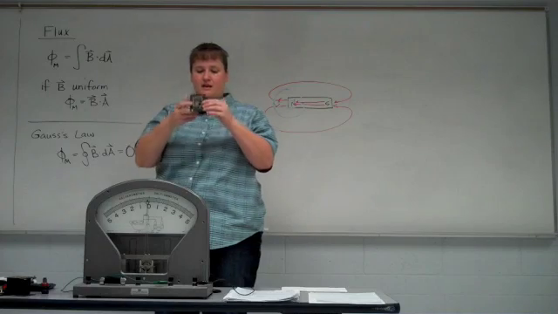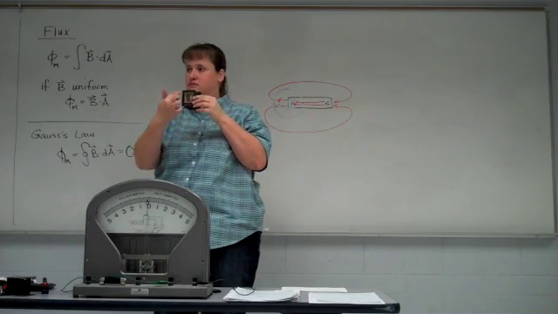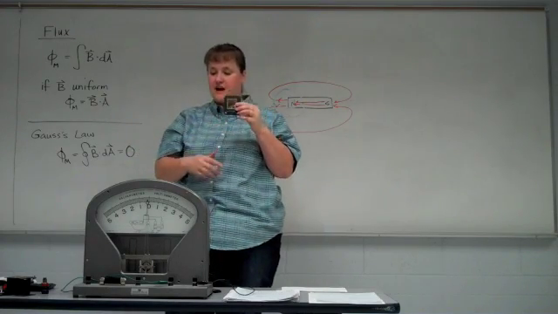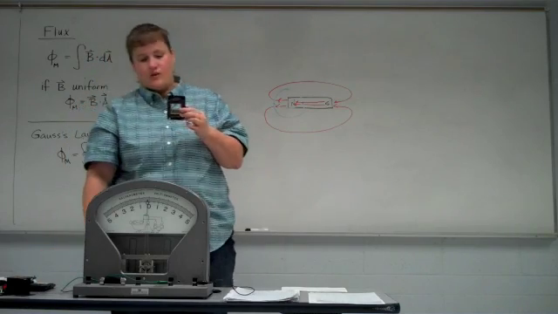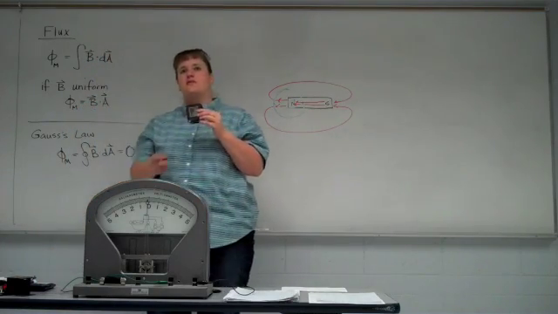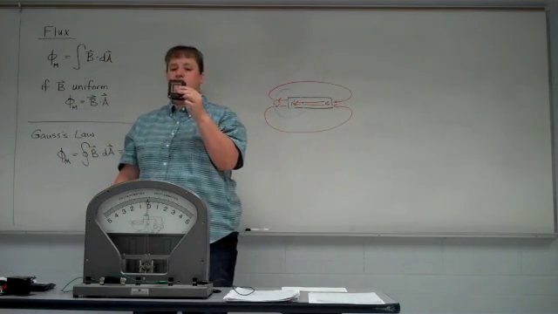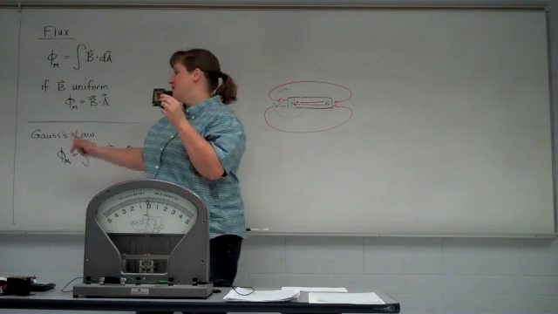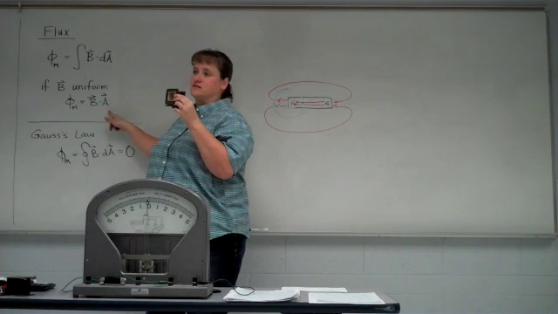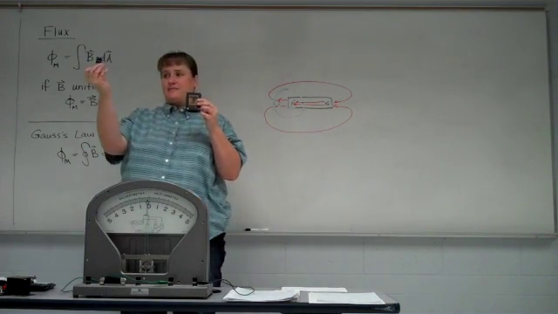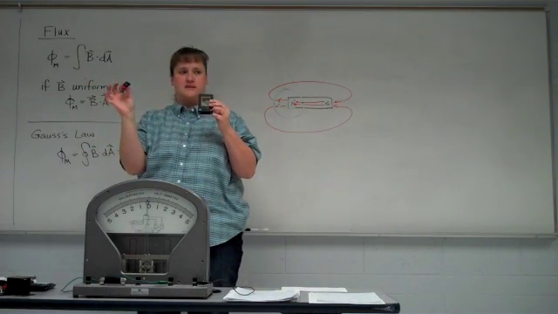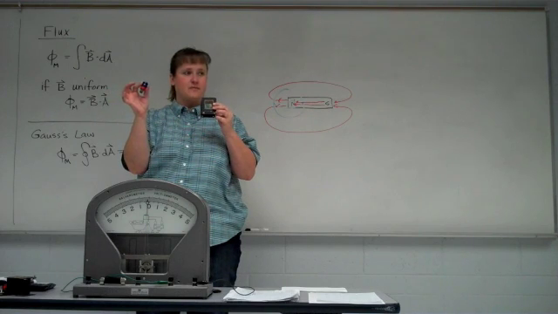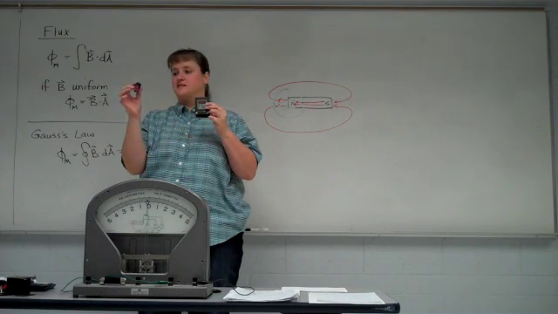Okay? We have an area right here, so we're going to talk about flux through that area. Right now, if we ignore Earth's magnetic field, there's no flux through this area because there's no magnetic field passing through it. But I've brought some pretty strong magnets. These are neodymium magnets.